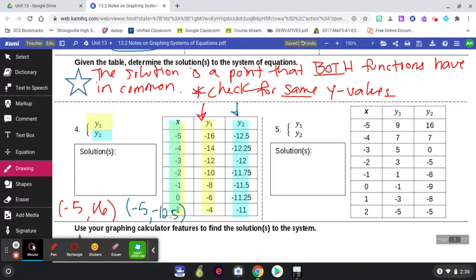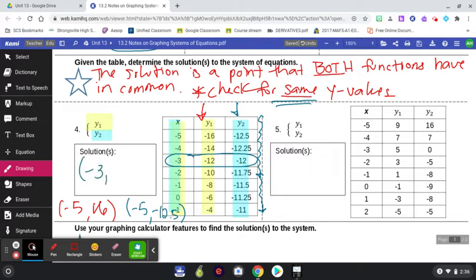If I'm looking to see where both functions have a point in common, then I'm looking for where they have the same y value. So as I start to scroll down my table, I notice that I have a common y value when x is -3. I also notice as I look down my table that that's the only place where that happens.